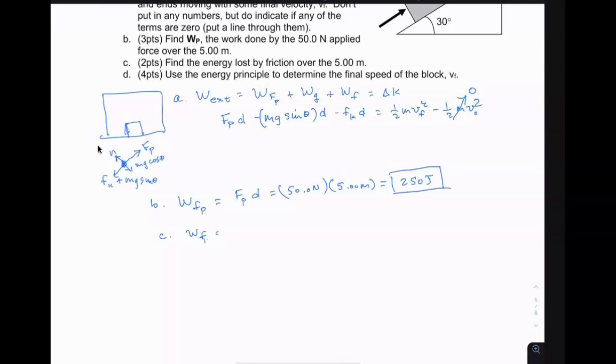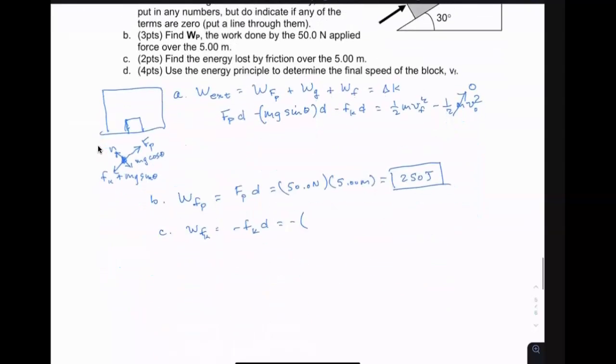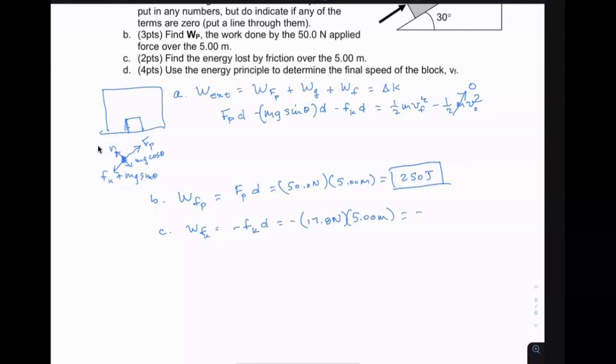The work done by the friction force is minus F sub K D, which is equal to minus 17.8 newtons times 5.00 meters, which is equal to minus 89.0 joules.